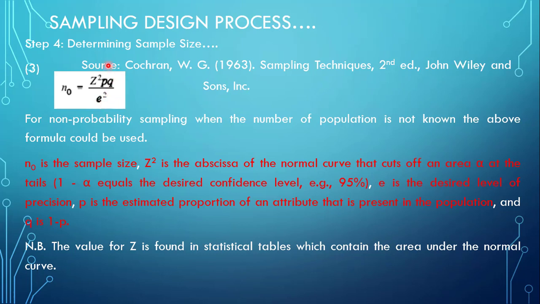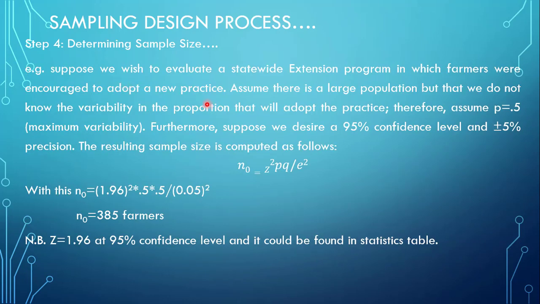So you could use this formula if you are applying non-probability, meaning if you don't have the list of the sampling frame, if you don't have the exact numbers, meaning the population size of the sampling frame. So for example, suppose we have a certain number of customers.